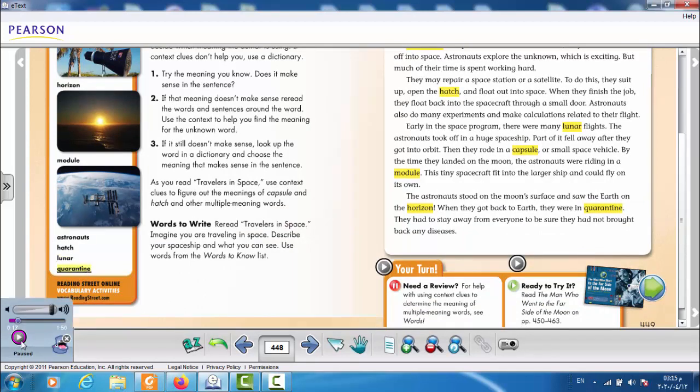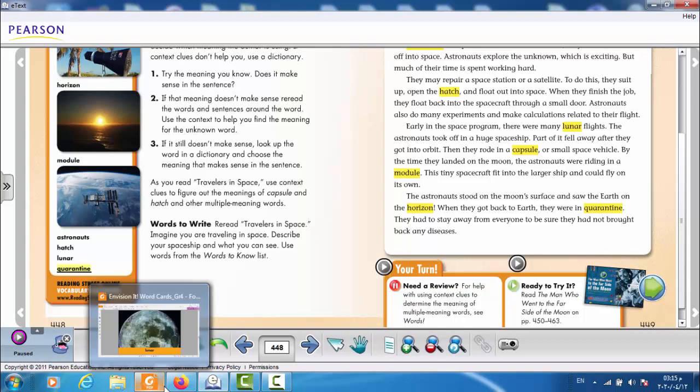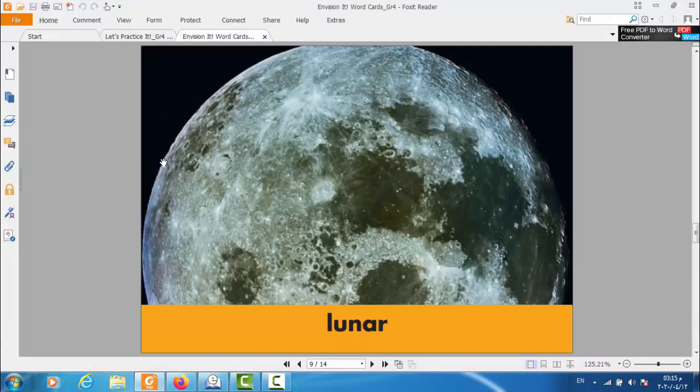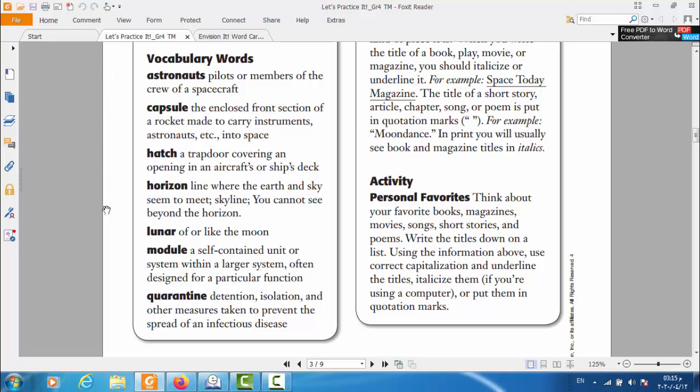Quarantine. What is quarantine? All of us now live in quarantine because of coronavirus. Quarantine is a detention, isolation, and other measures taken to prevent the spread of infectious disease like coronavirus, which makes all of us live in quarantine.